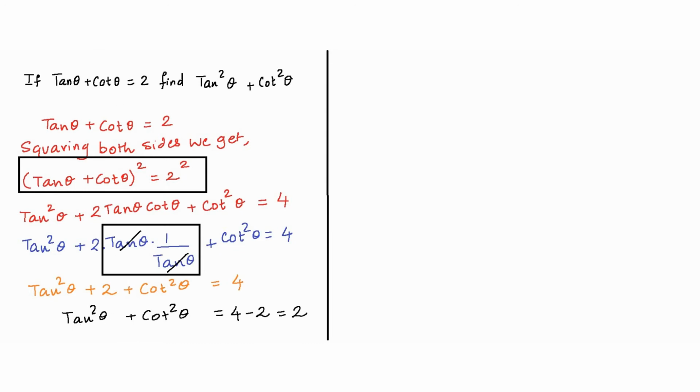The other idea of solving the same problem is, I can convert this cot to tan. So I can say that tan theta plus the cot term, which can be written as 1 by tan theta, is equal to 2. I have only converted cot theta to 1 by tan theta.